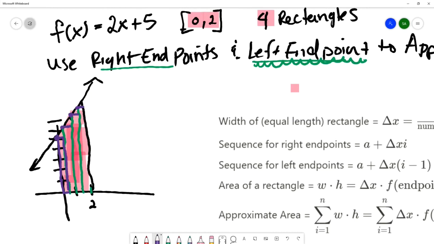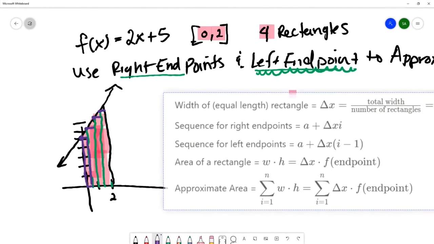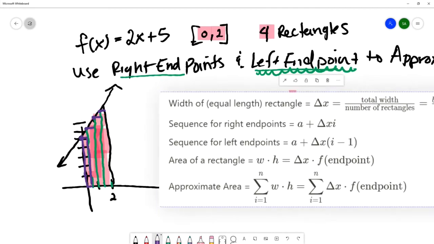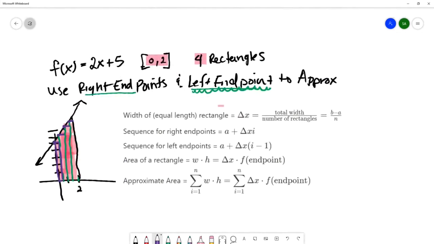Now we can get the sequence of those left endpoints with some formulas that I have over here on the side. So in this example, we need to identify what the width of each rectangle is. We call that delta x.